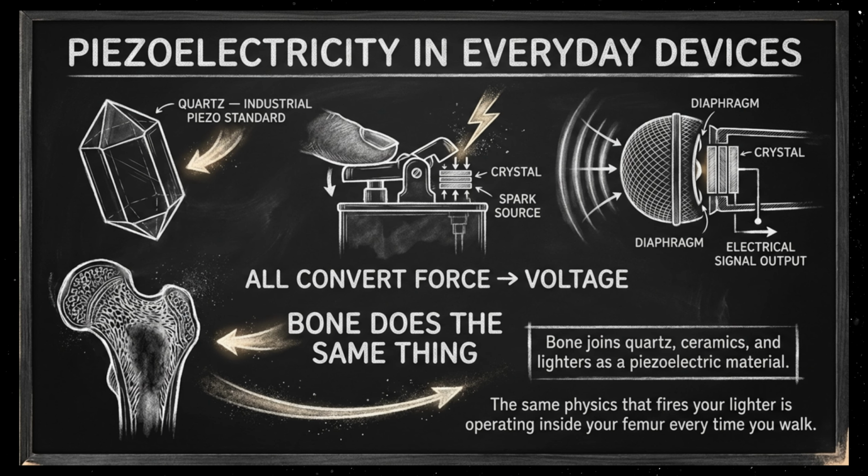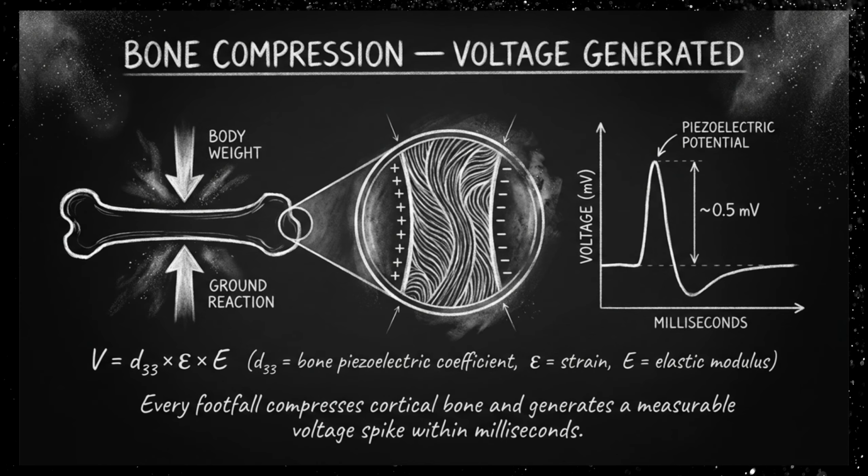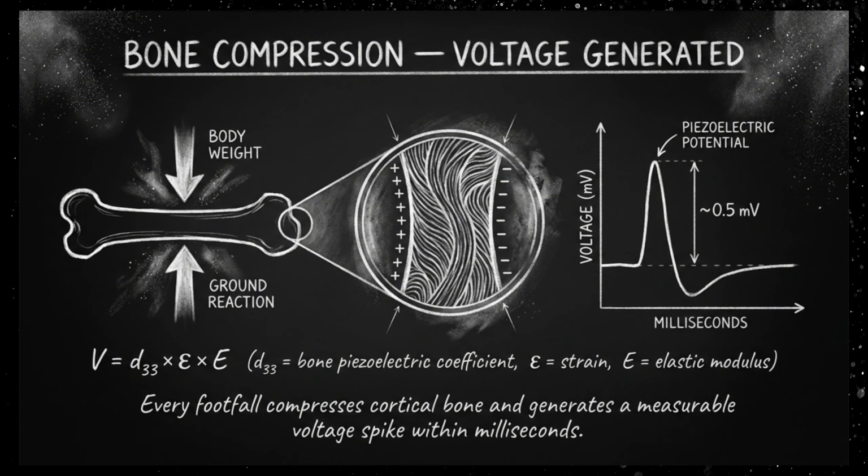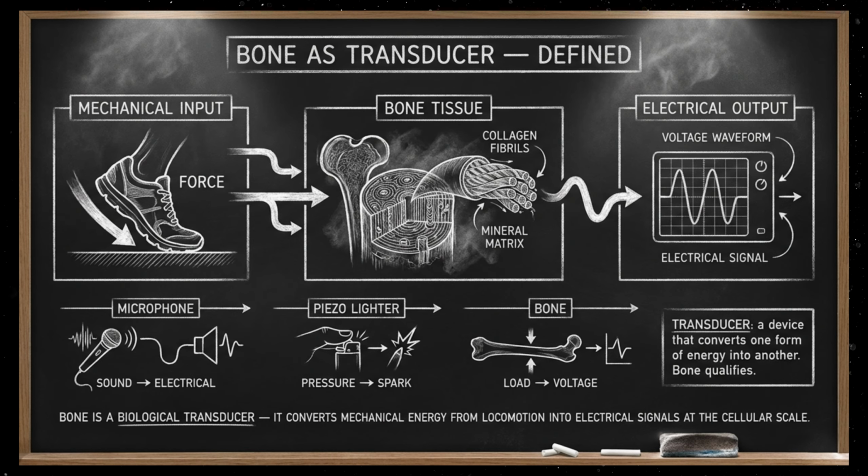None of this requires adopting any particular lifestyle. What it requires is the correct model of what bone actually is, not static scaffolding, but a dynamic, electrically active, continuously responsive structure. Walk on varied terrain. Carry things, jump occasionally. Let your feet contact ground that is not perfectly flat.